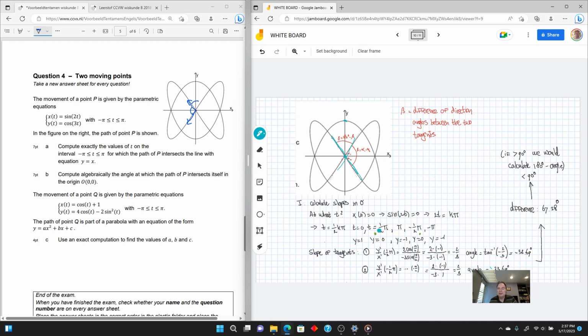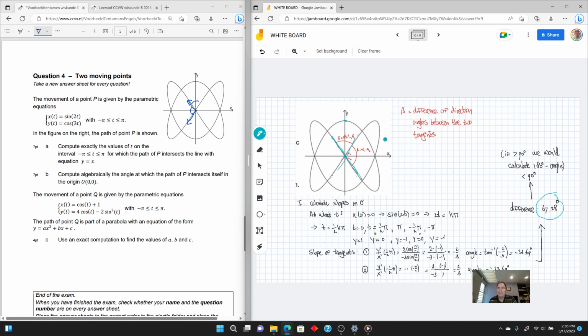And the angle in between is the difference, which is 67.38 degrees. And this is actually less than 90 degrees. So it is so-called acute angle. So that in the end should be the answer.